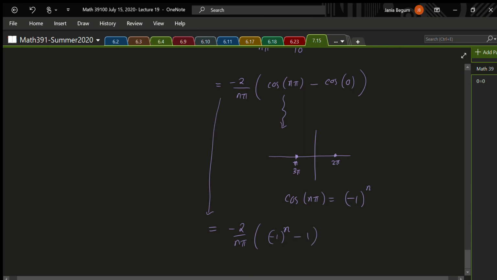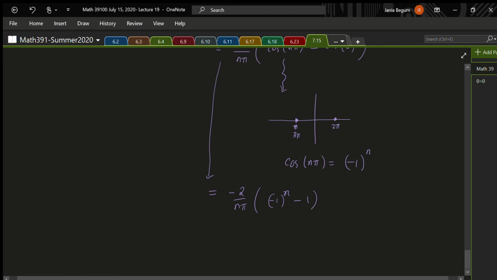And then if I simplify this formula just a little bit more, I'm going to push the negative inside. So this is negative 2 over n pi times negative 1 to the n plus 2 over n pi. So I just distributed that so that it looks a bit simpler. And now this is our Bn.